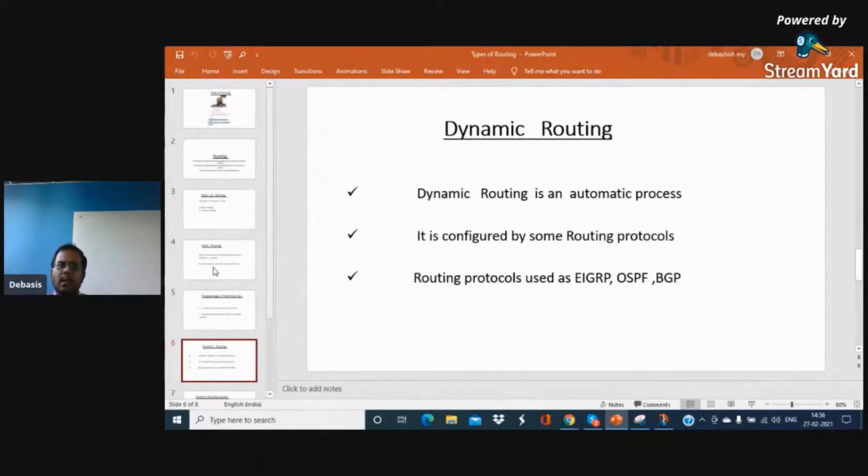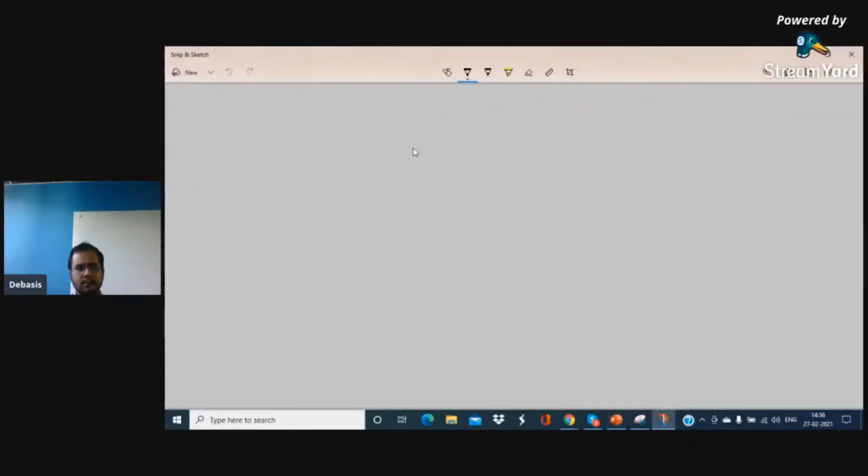Dynamic routing, as the name says, is an automatic process. What does it mean? Yes, you have to configure it, but you have to configure only the source network part, not the destination network. Say, I'm describing it.